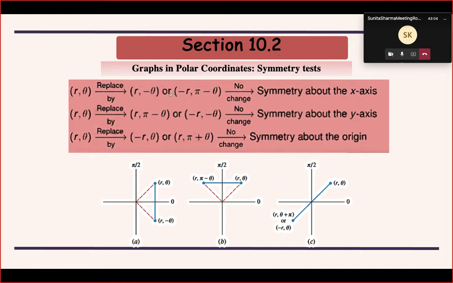Then there is one more replacement which you can consider, which is replacing r, theta by minus r, pi minus theta. So you need to change both r and theta to these two expressions, and if again you have no change in the equation, then you get the same kind of symmetry. So there are two different ways in which you can check for symmetry.